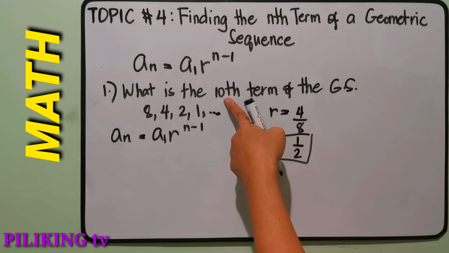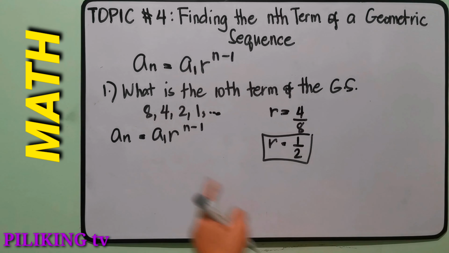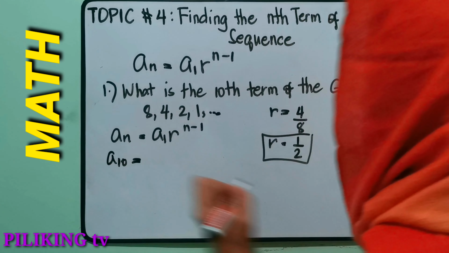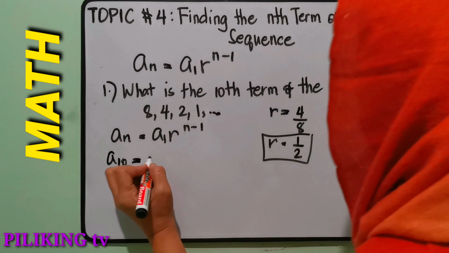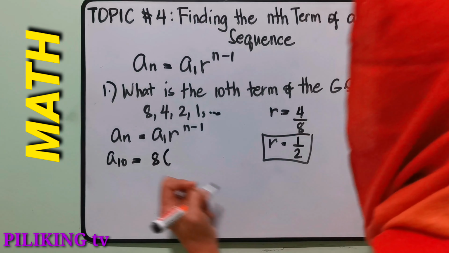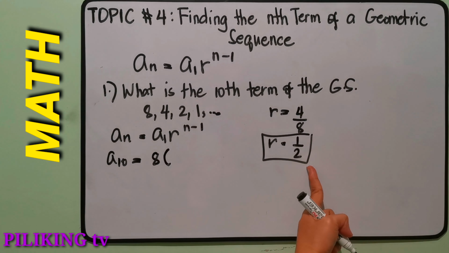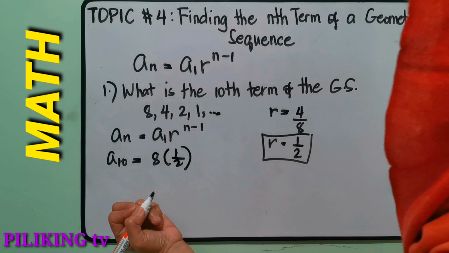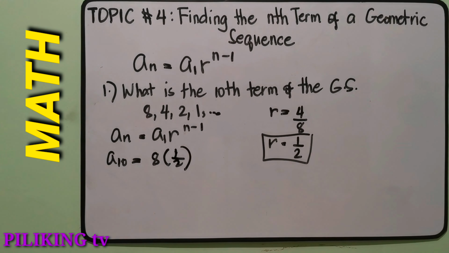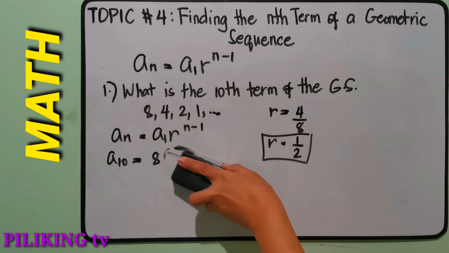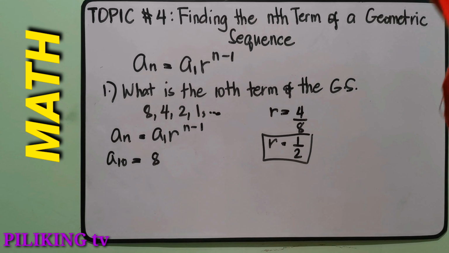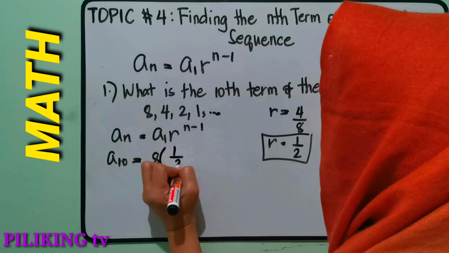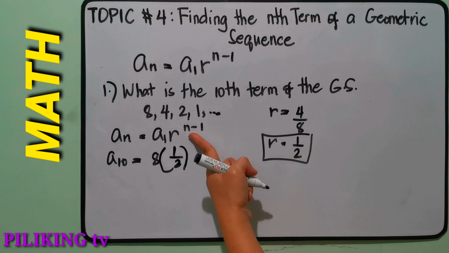Since we are looking for the 10th term, we have a sub 10 is equal to the first term, 8, times our common ratio, 1 half, raised to, how many terms do we have?